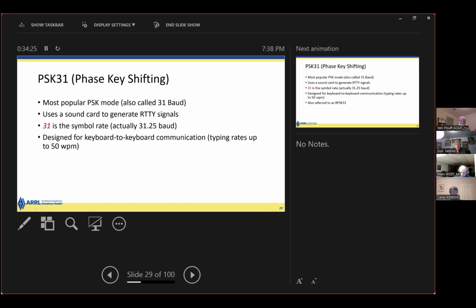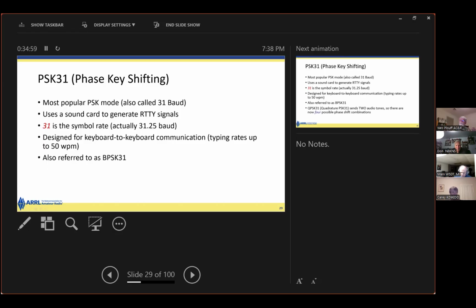PSK31 is designed for chatting because it's equivalent to a typing speed of about 50 words per minute. Now, if you actually type a little bit faster and get ahead of it, the software you use will buffer the type-ahead and send it out at the same baud rate. Eventually you have to pause and the software will catch up to what it sends.